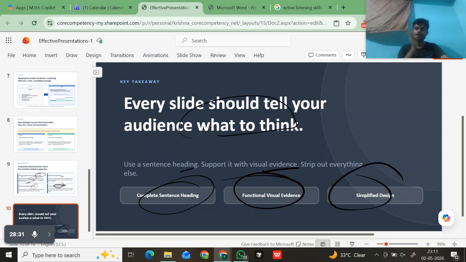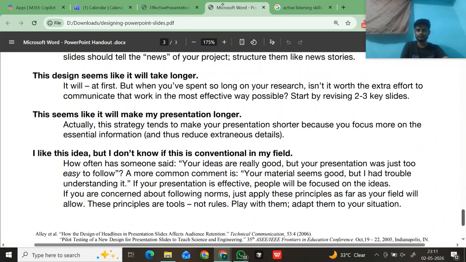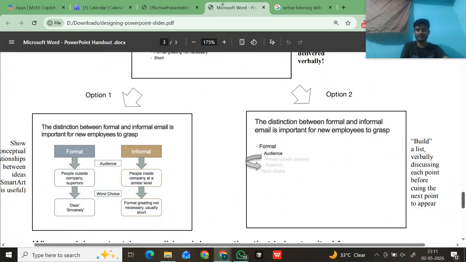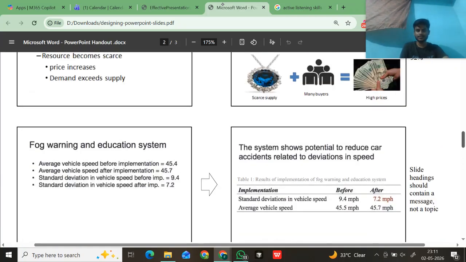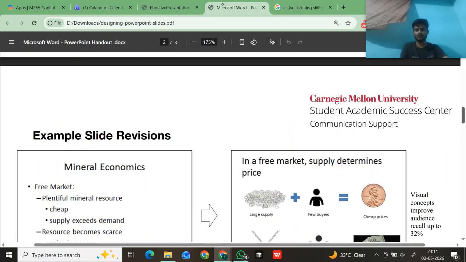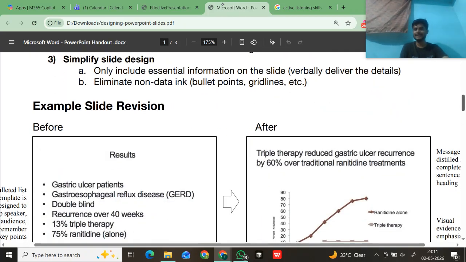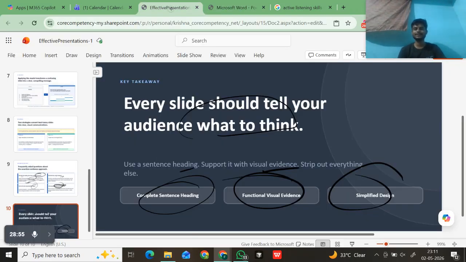That is what you have to take from the session. You can take a screenshot of these if you want. This is one example. This is another. We have learned so many examples of how to visualize better, right? And these are good ways to represent slides, right?